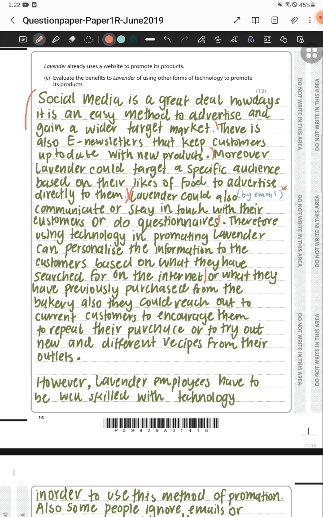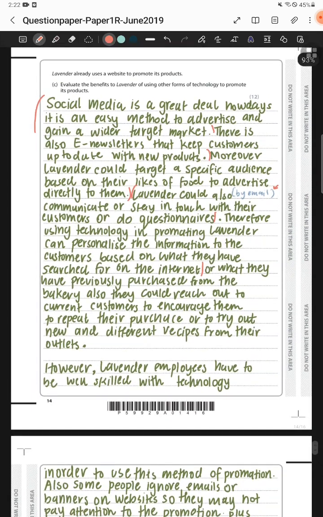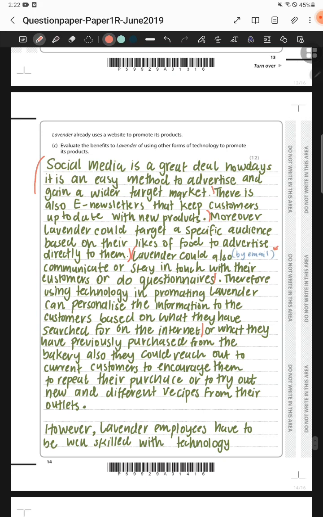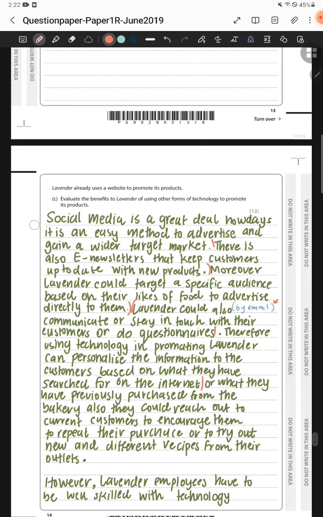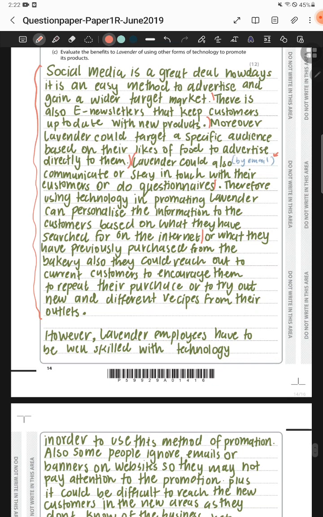You can see on your website who's been coming frequently, and Lavender could target these customers. Okay, so I believe this is 1, 2, 3, 4, 5. I'm not going to read it all, but I think all of this could be about 6 to 7 marks. I'm not sure, but it's 6 to 7, I think.